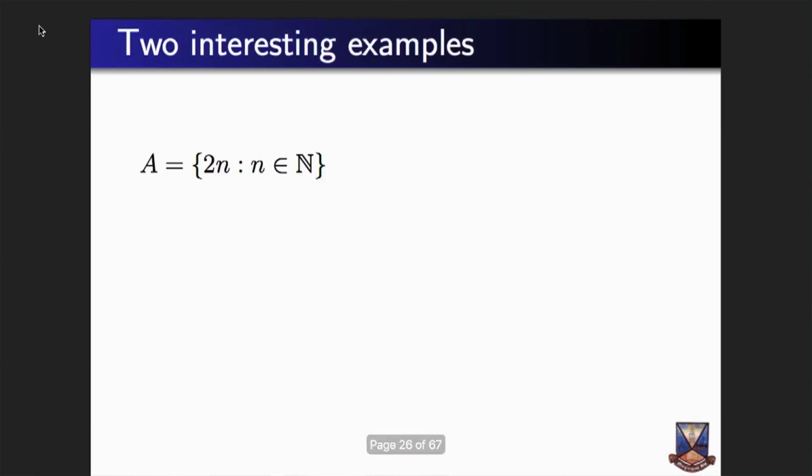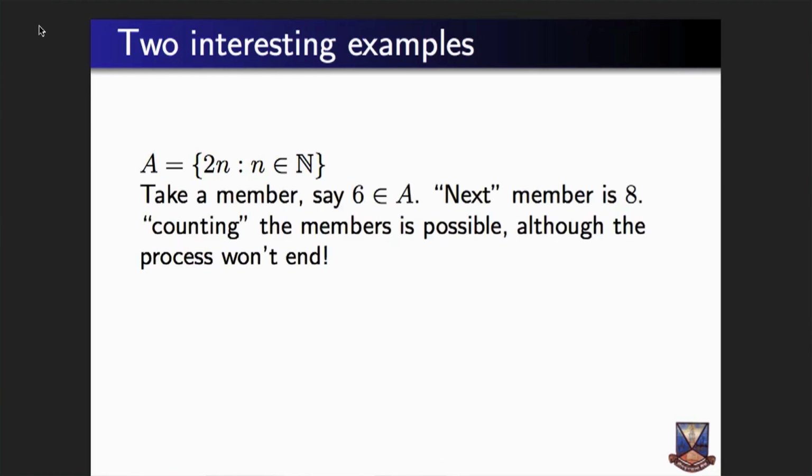So, look at the set A equal to {2n}. Now, if I give you one element of this set, will you be able to tell me the so-called next element in that set? The answer is yes. If I take, say, the number 6 in my set A, the next number one can give is 8.